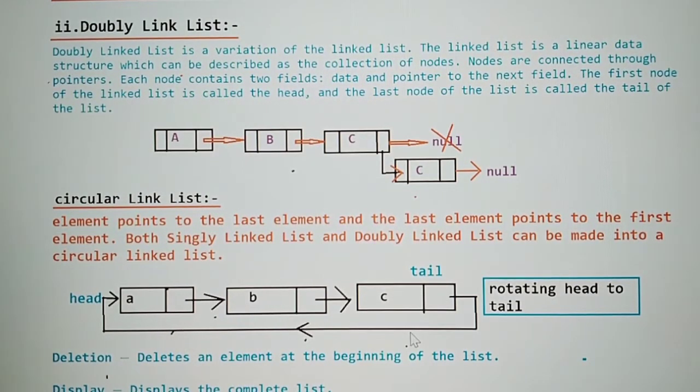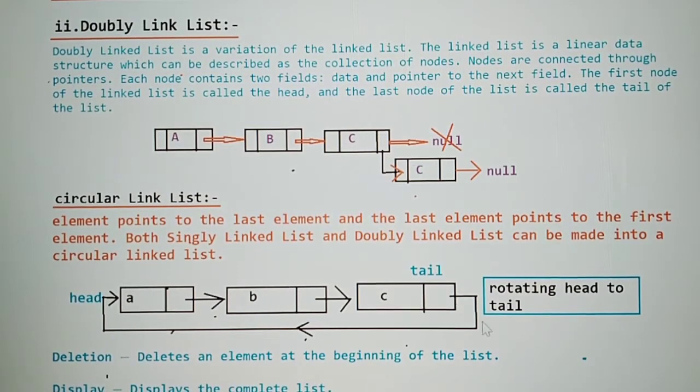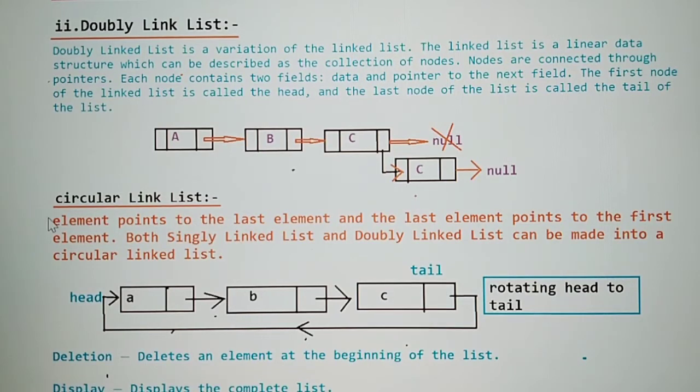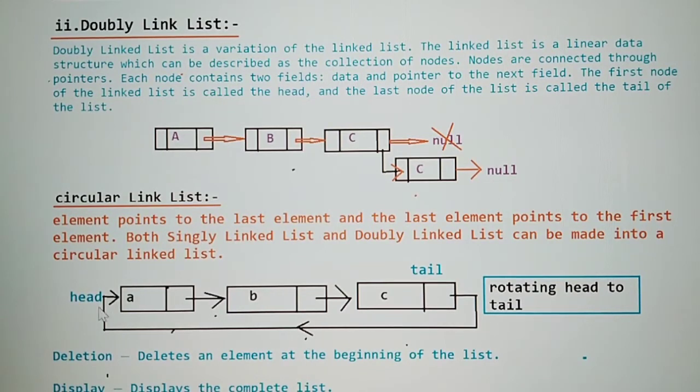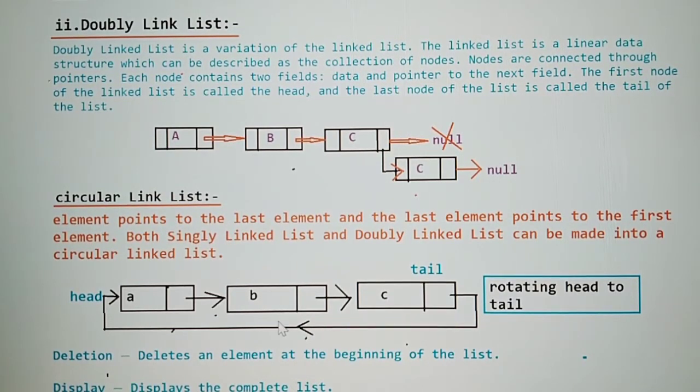This is the main characteristic: the circular linked list has no null pointer. So it circulates each time, going as a round structure. It looks like a circle. It doesn't have any end point. It will always go through in a circular manner.